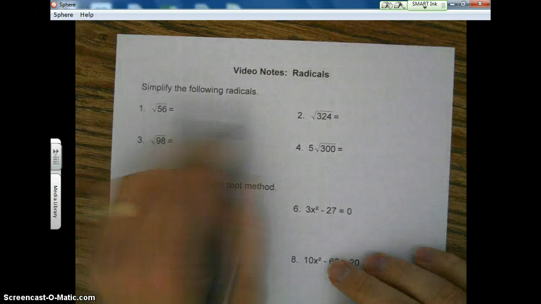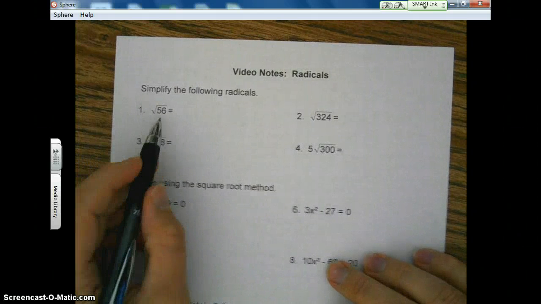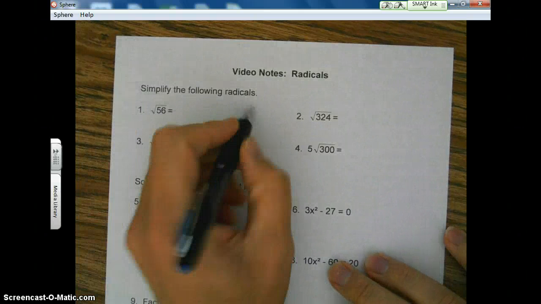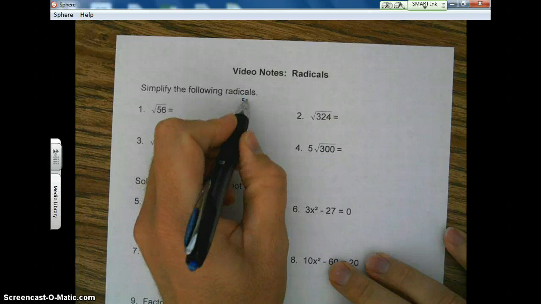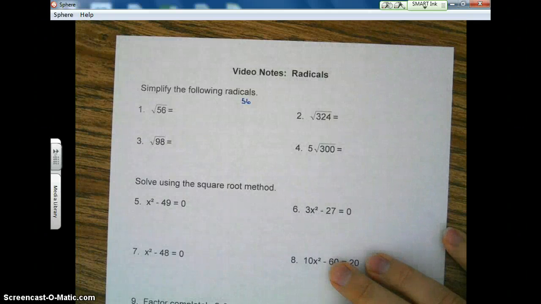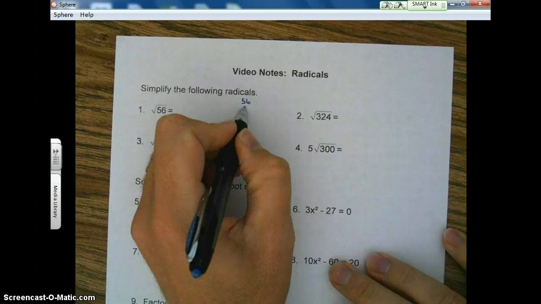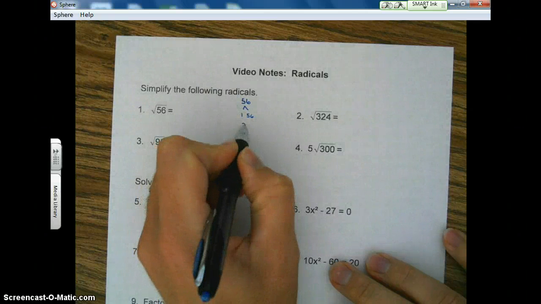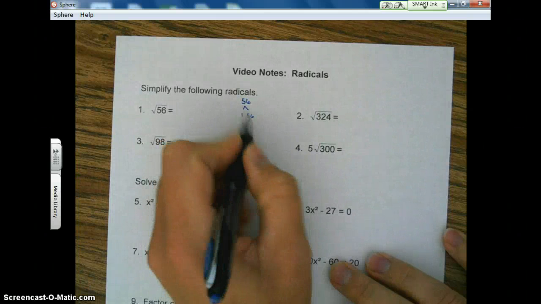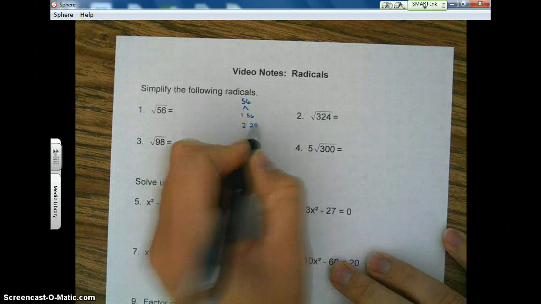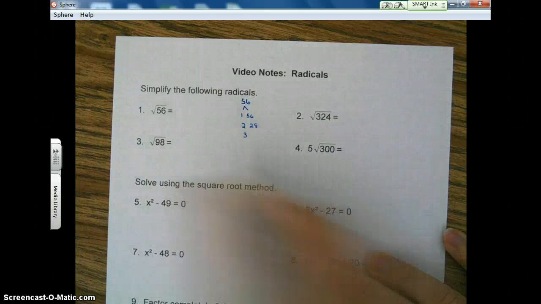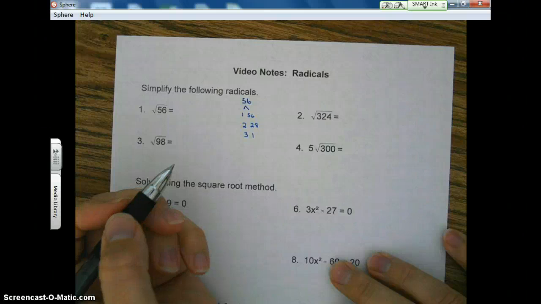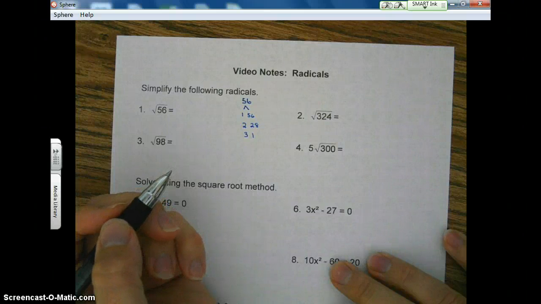It says simplify the following radicals. So in order to simplify a radical, you want to take the number underneath. And my suggestion is to write out its factors. So we got 1 and 56, 2 and 28, 3 and, maybe 3 doesn't go into it.